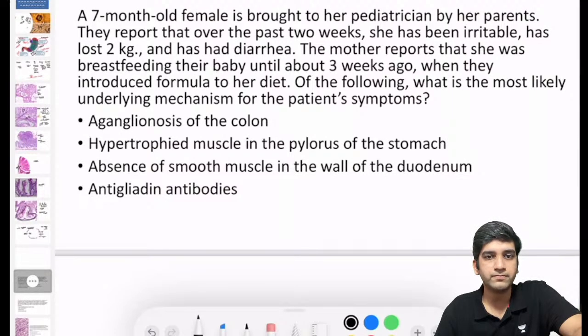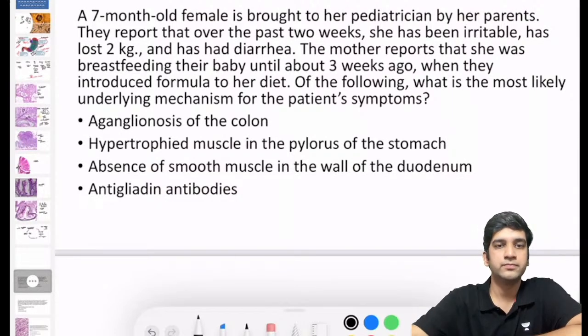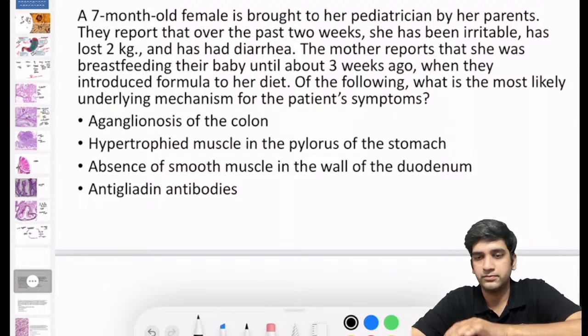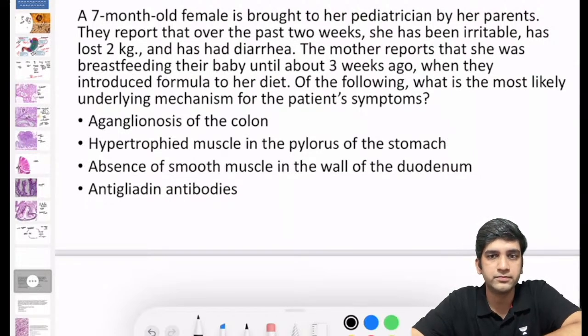Answer. Yes, Hafsa. Inflammatory polyps look the same as a hyperplastic polyp. Okay, option D, right? Great.